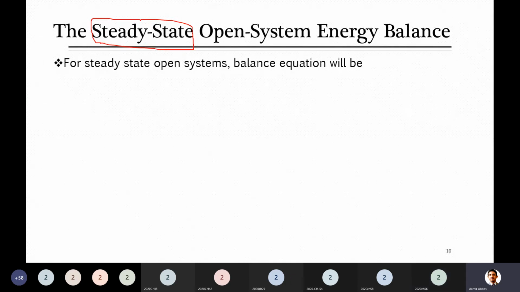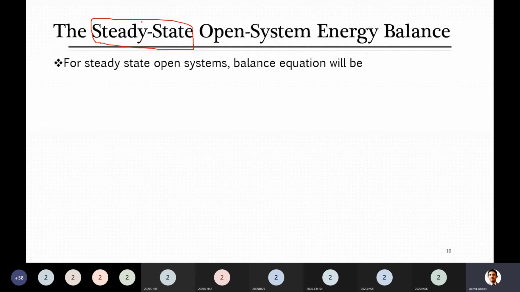Accumulation is 0. If you recall the equation of energy balance in the second last lecture, accumulation is equal to energy in minus energy out plus generation minus consumption. At that time I told you, because we are not talking about a reacting system here, generation and consumption are zero.